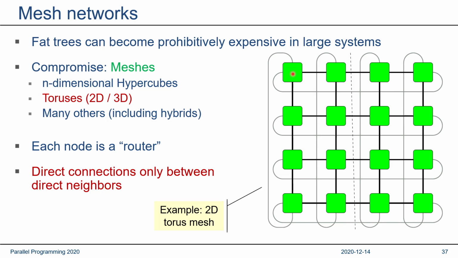If we only look at these thick connections, we have a square topology, whereas if you also include these gray connections, so if we close the loops behind this square network, we have a torus topology. Incidentally, just by adding these couple of wires, we can double the bisection bandwidth. So the characteristic of a mesh is that the direct connection is only between direct neighbors of the mesh.